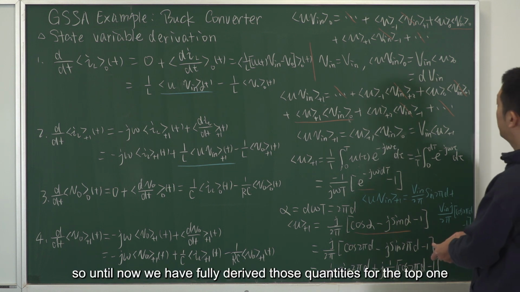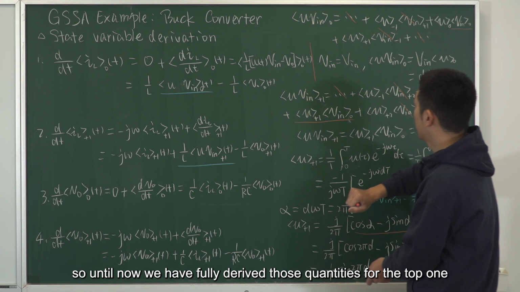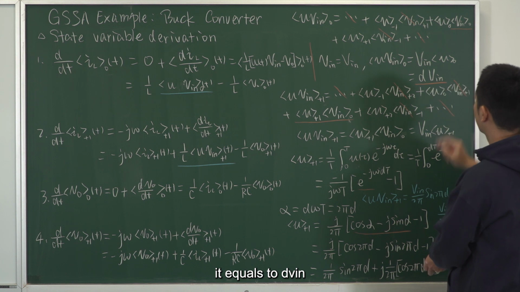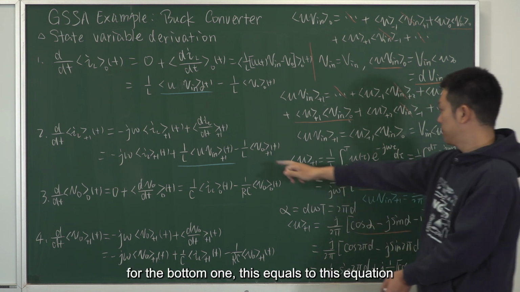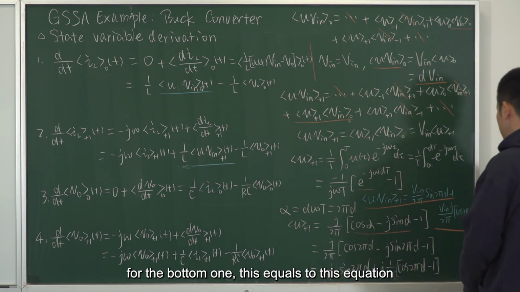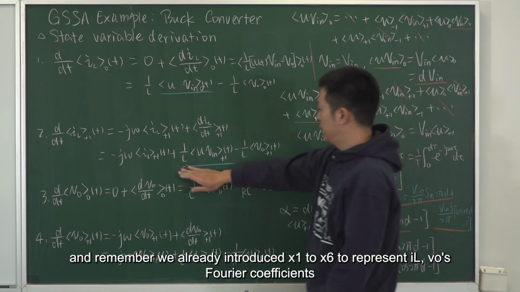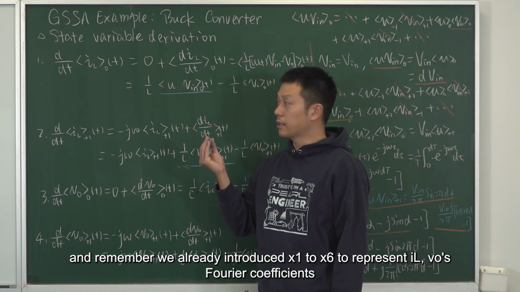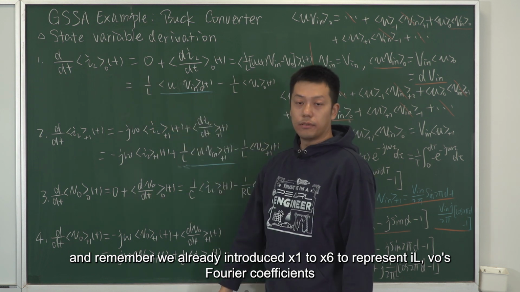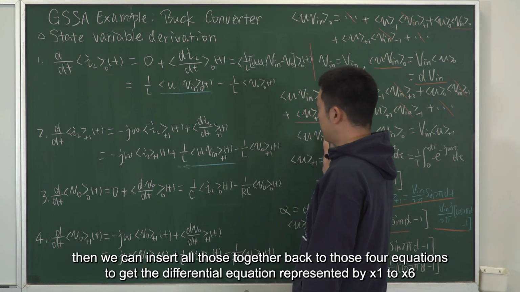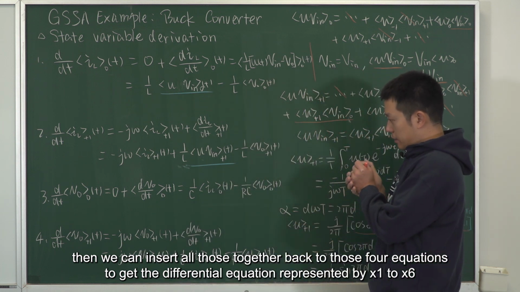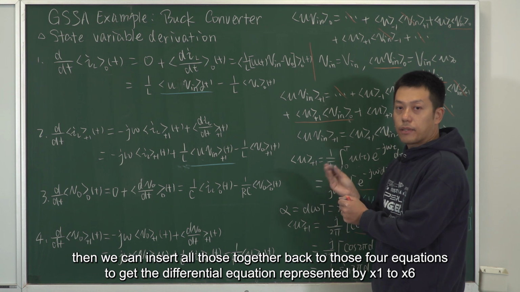Okay, so till now we have fully derived those quantities, right? For the top one, it equals d v in. For the bottom one, this equals this equation. And remember, we already introduced x1 to x6 to represent IL and VO's Fourier-like coefficients. Then we can insert all those back to those four equations to get the differential equations represented by x1 to x6.